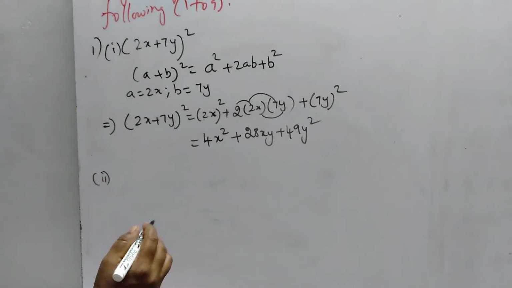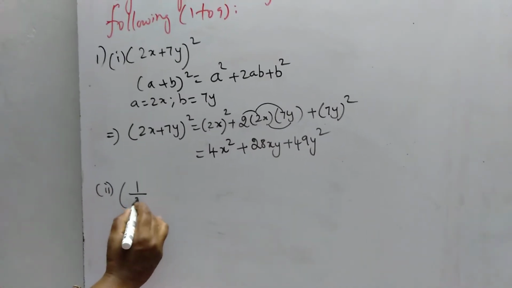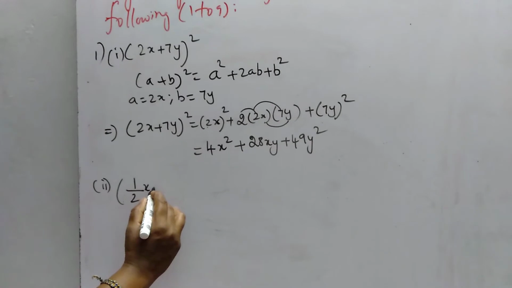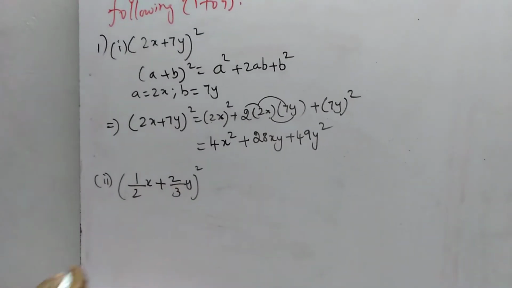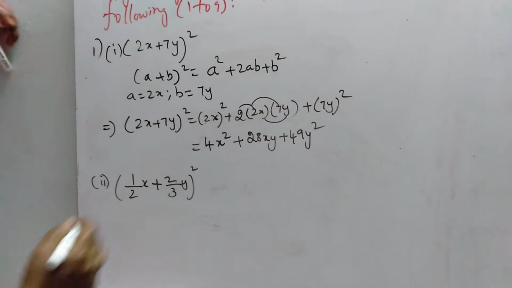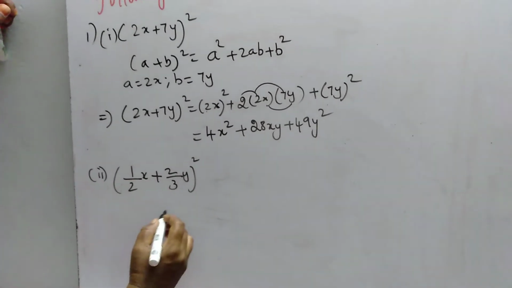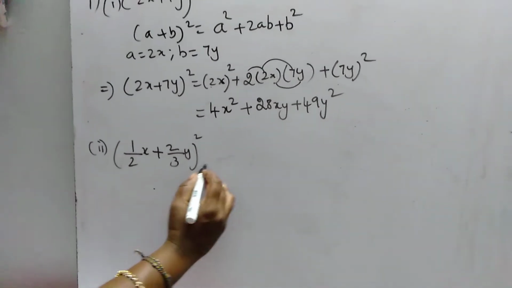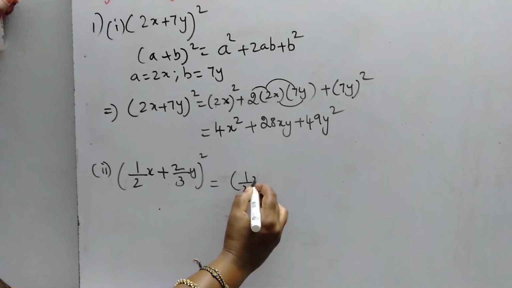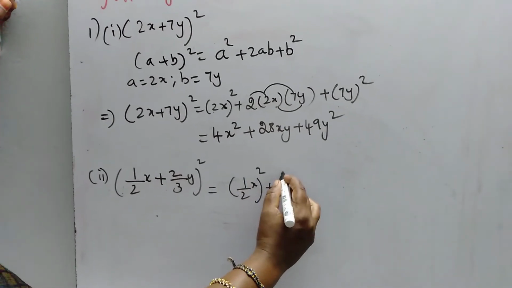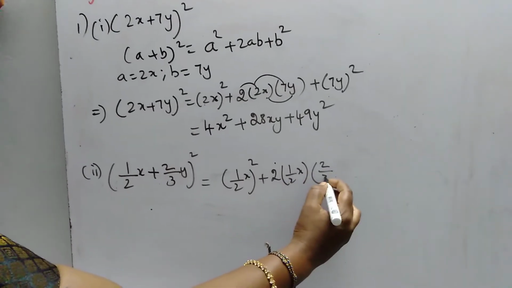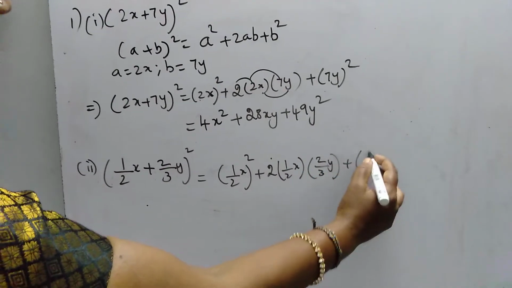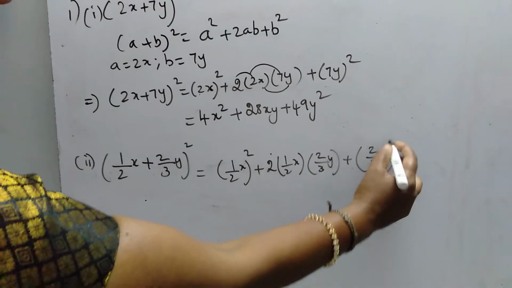The first question is in fraction form: (1 by 2x + 2 by 3y) the whole square. This can also be expanded in the form (a + b) the whole square, which equals a square plus 2 into a into b plus b square.